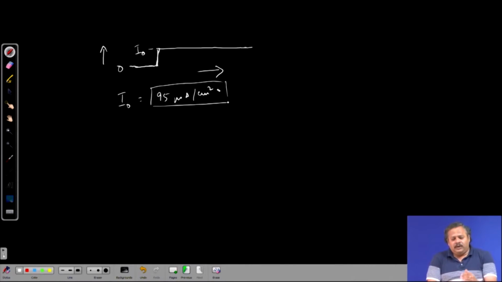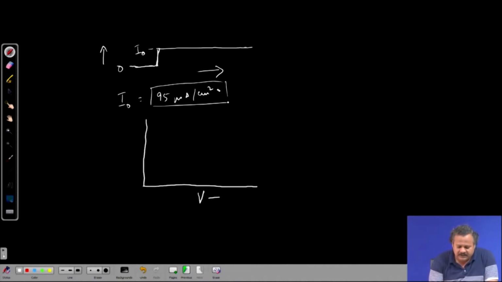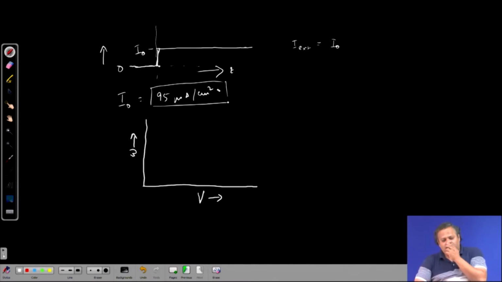So, when we have this amount of current, how do we understand the behavior of the system? Let us say this is V and this is W. If this is time 0, then I external is now becoming I 0 for a period of time, as long as we want to simulate it.